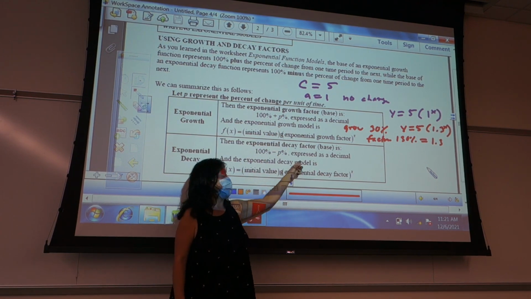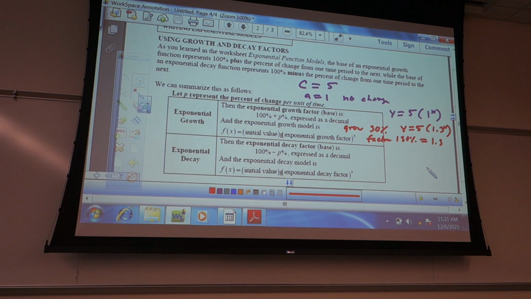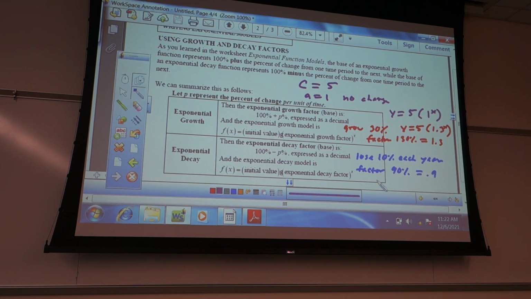But say I lose 10% each year, right? Then my factor would be 90%. So 100% minus 10%, that would be 0.9. So then I would have y equals 5 times 0.9 to the x.